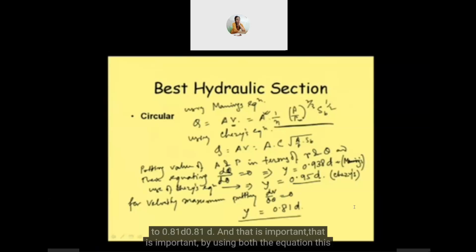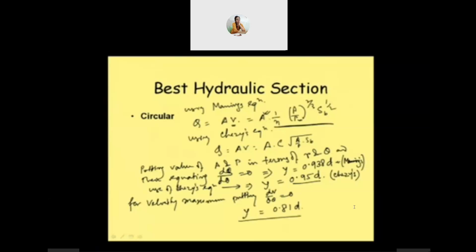And that is important. By using both the equations, this is just slightly different, but it is around 0.8 d that we can see.